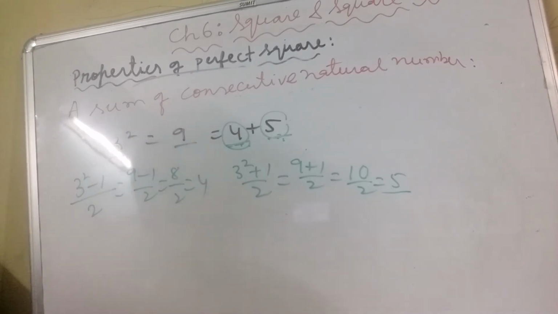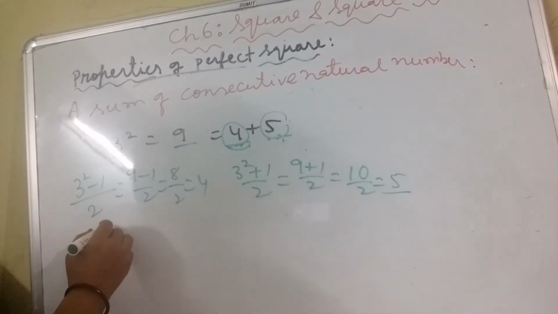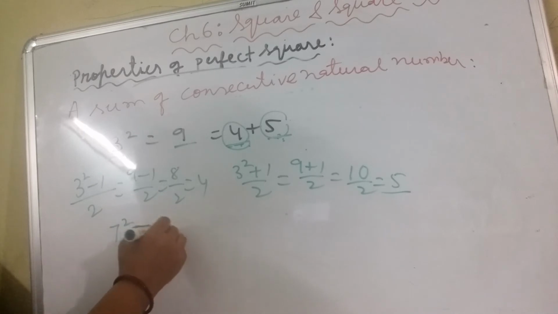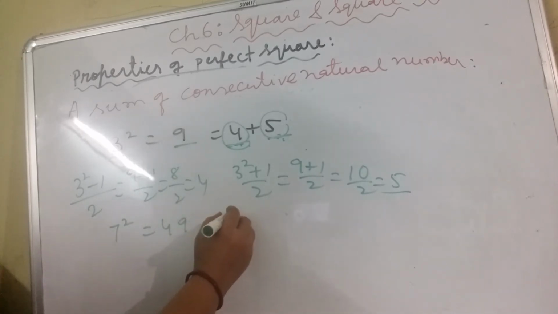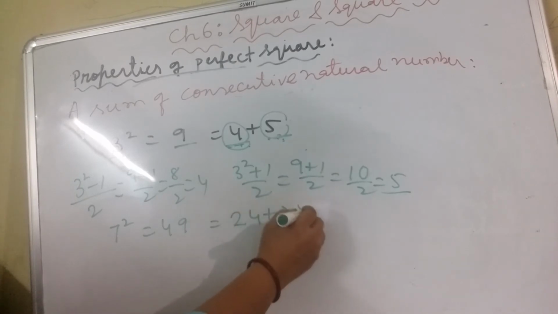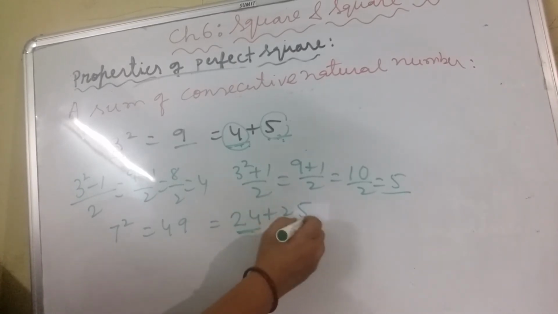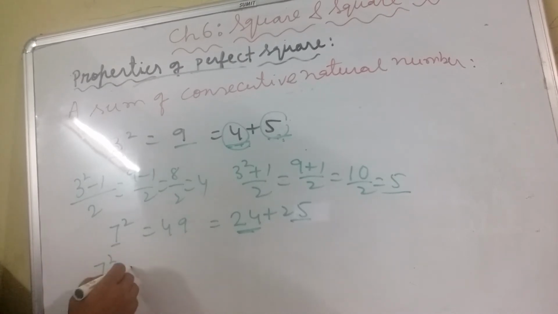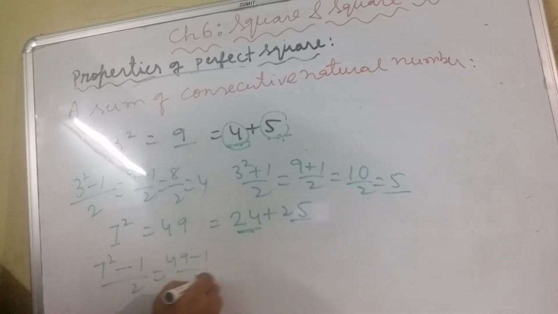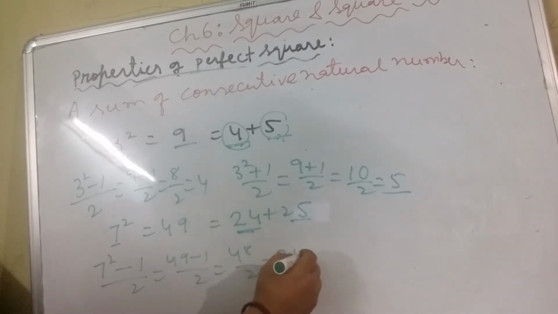For another example, take 7 square. 7 square is 49. It can be written as 24 plus 25. Where do we get this 24 and 25? (7 square minus 1) by 2, that is (49 minus 1) by 2, 48 by 2, it is 24.